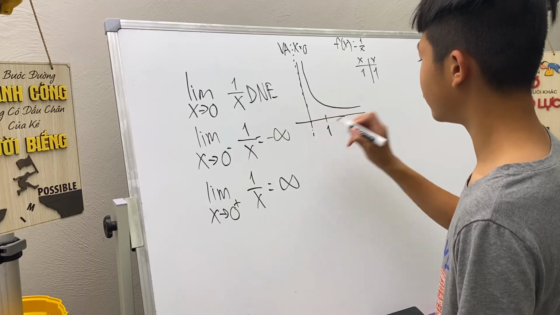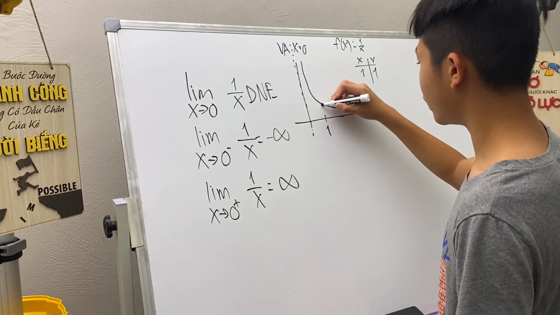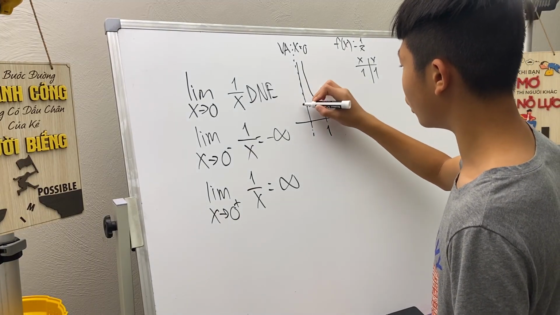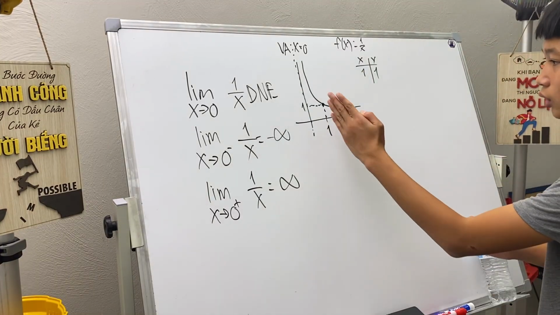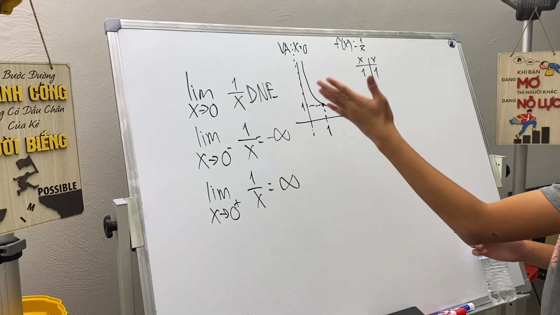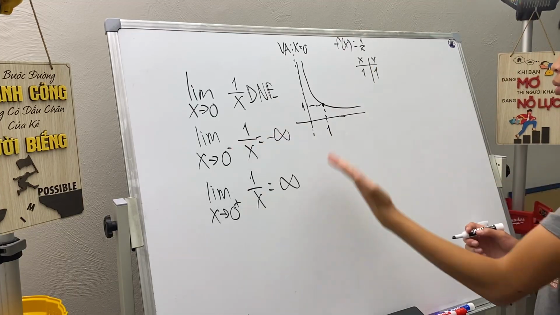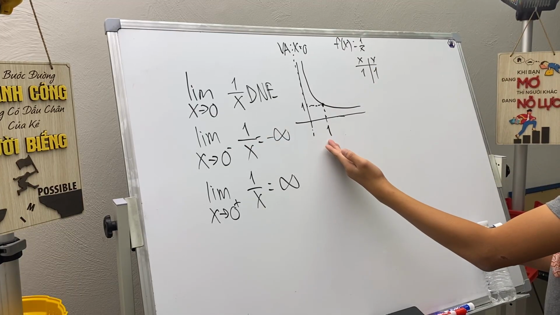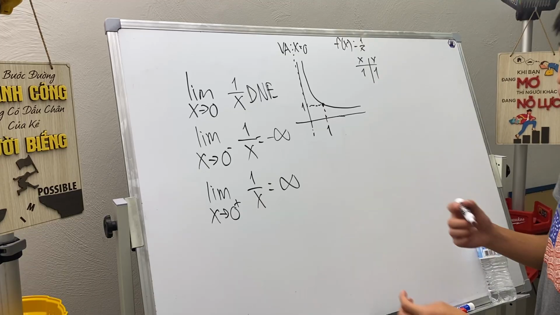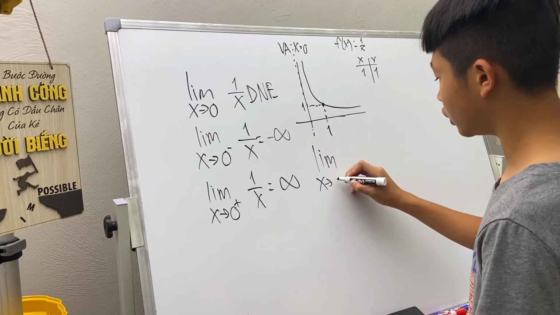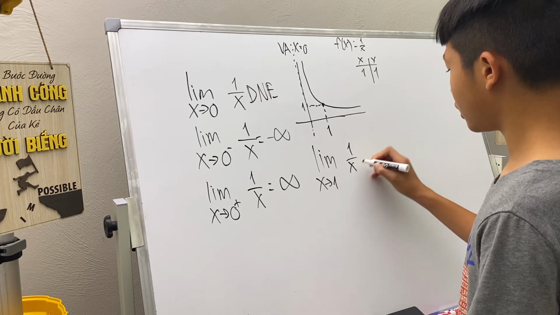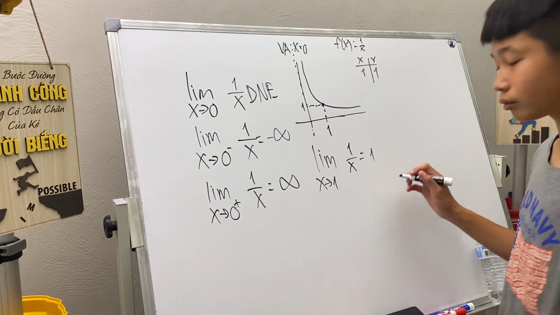Okay. So right here, this is 1. So as x approaches 1, it's getting closer and closer to 1. So basically, if x approaches 1, then the limit will be 1. So the limit as x approaches 1 is equal to 1.